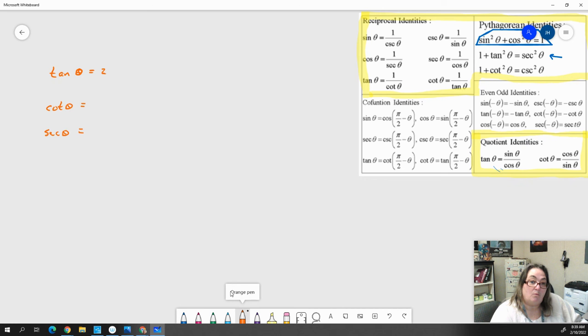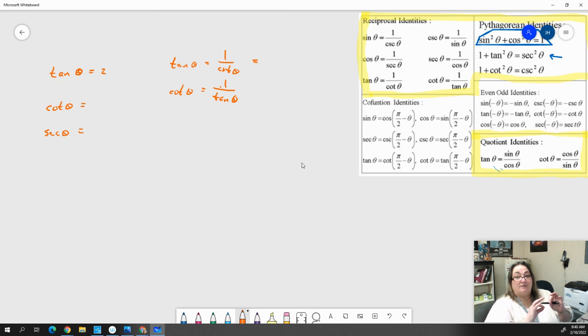So once we know tangent, we know that tangent of theta equals 1 over cotangent of theta, right? Just like we did before. But we know what tangent is, right? We can also say that cotangent of theta equals 1 over tangent of theta. I like this one better.